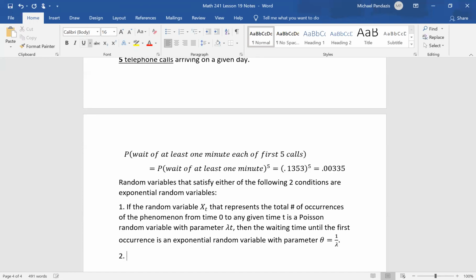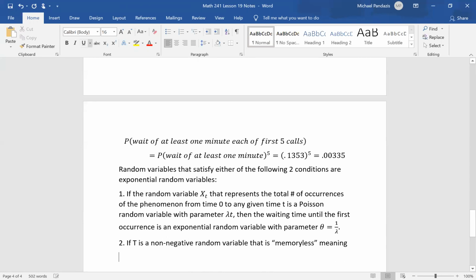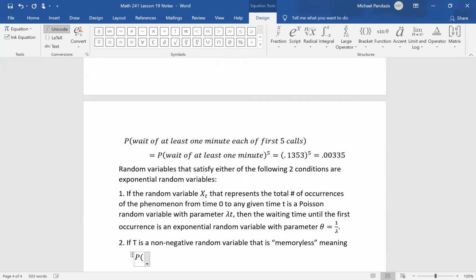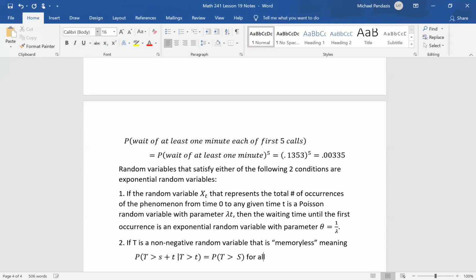The second way is if capital T is a non-negative random variable that is memoryless, meaning that the probability that capital T is strictly greater than S plus t, such that t is greater than little t, is equal to the probability capital T is strictly greater than capital S for all s, t greater or equal to 0.